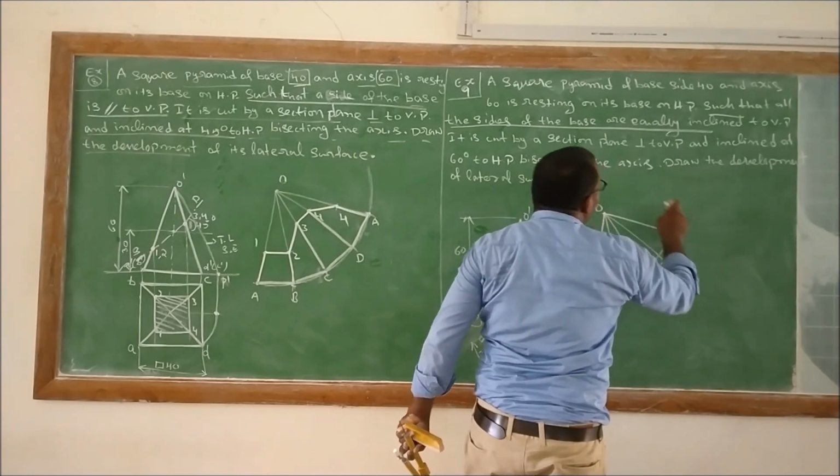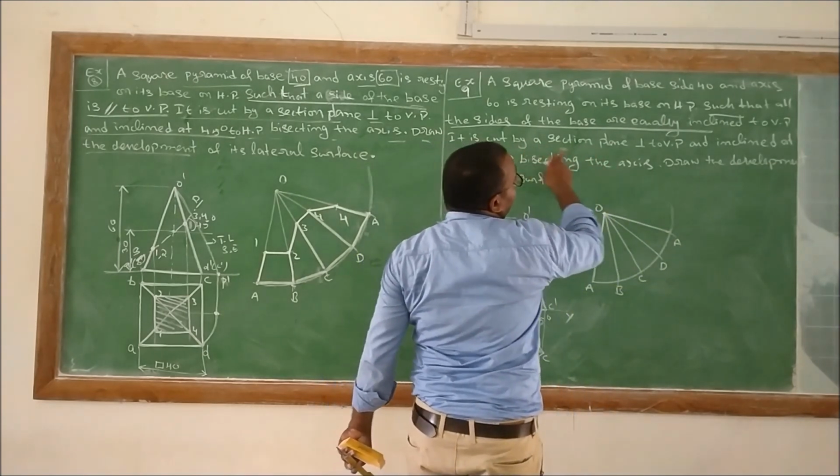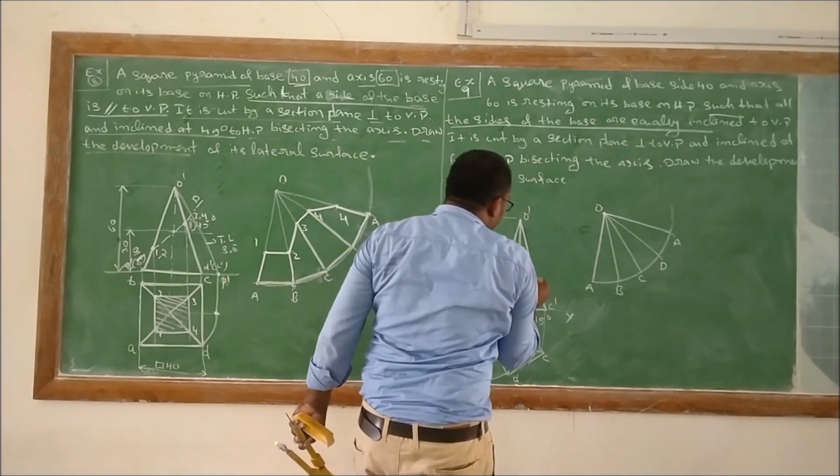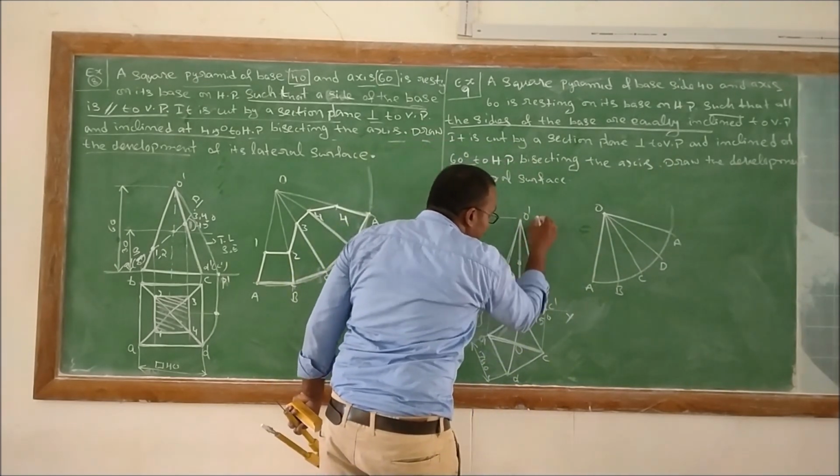But what we require is that it is cut by a section plane perpendicular to the VP, bisecting the axis at an angle of 60 degrees to the ground.